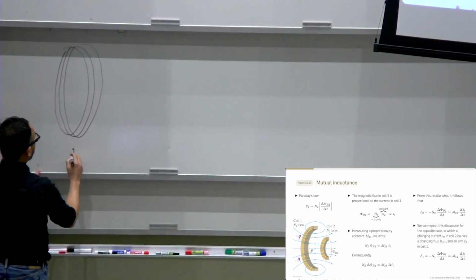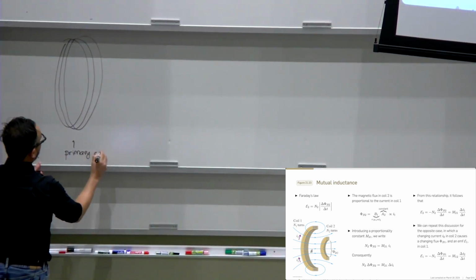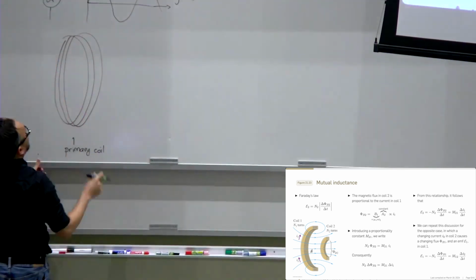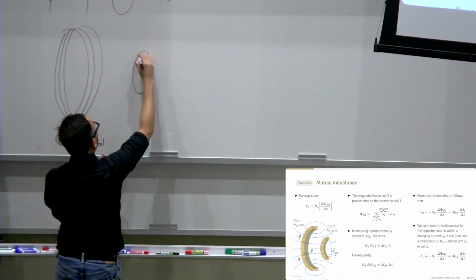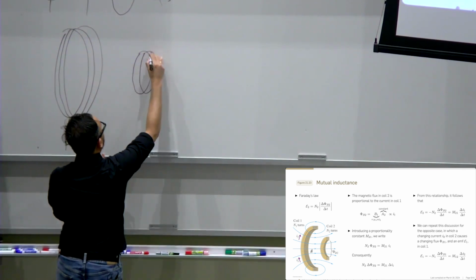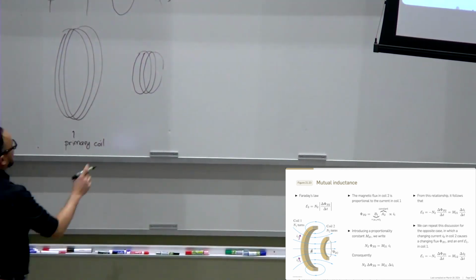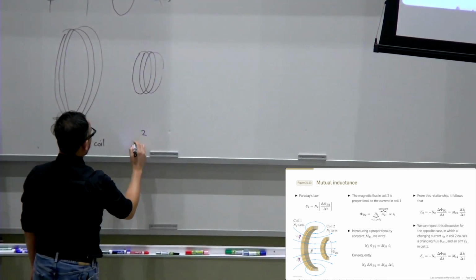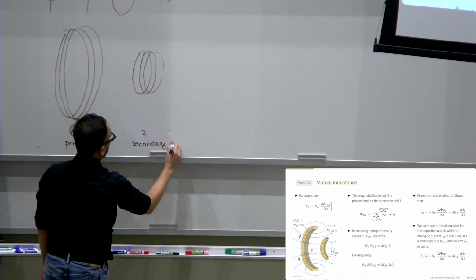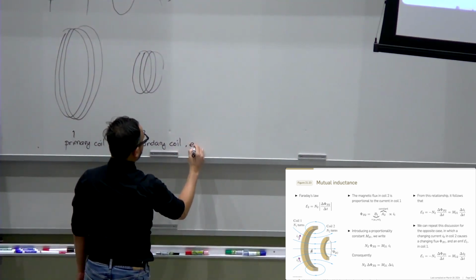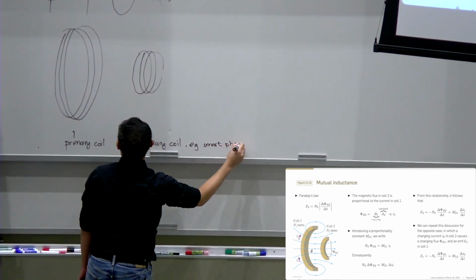Or in some textbooks, they call it the primary coil. And then let's say this is your device, toothbrush, or a pan on an induction stove. This one is coil number 2, and we call it the secondary coil. Example, smartphone or toothbrush. Okay.